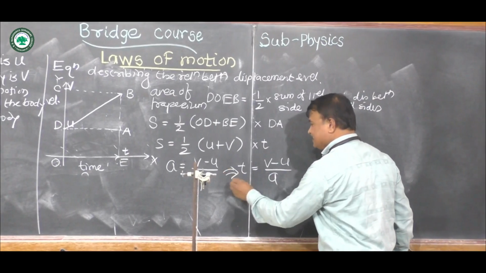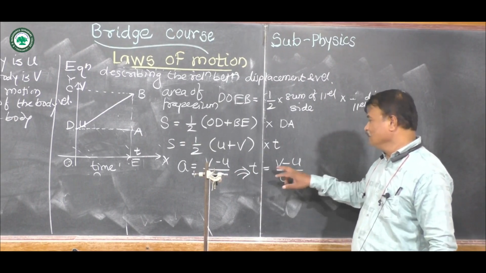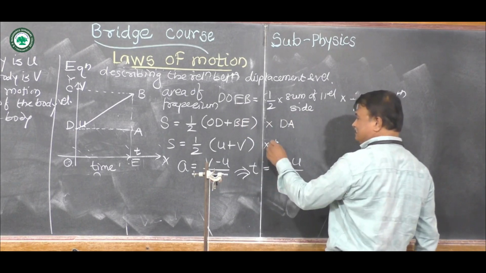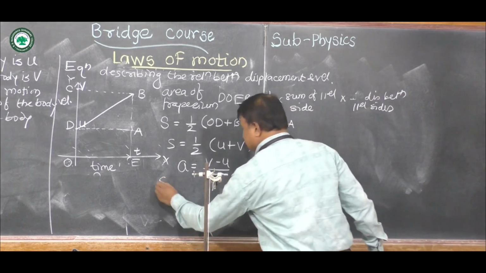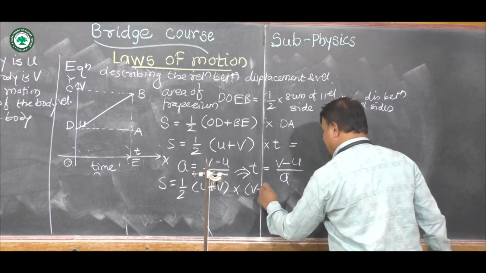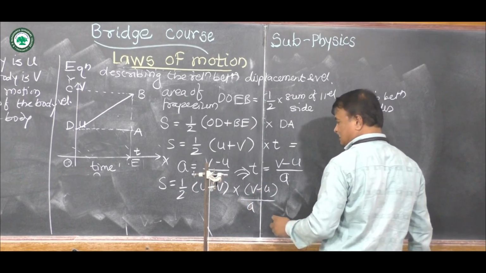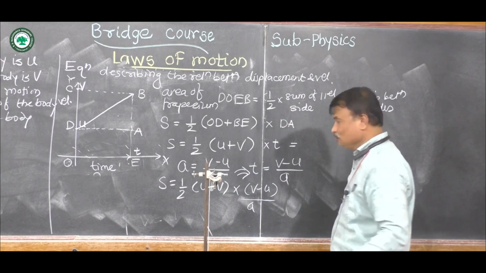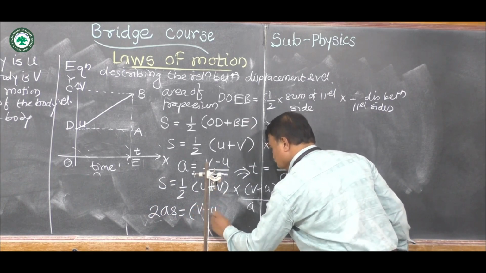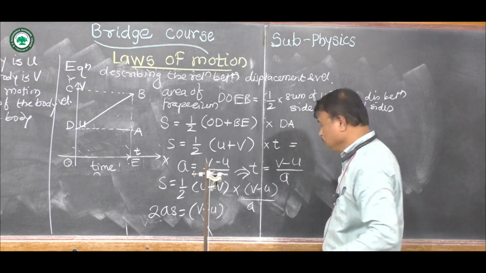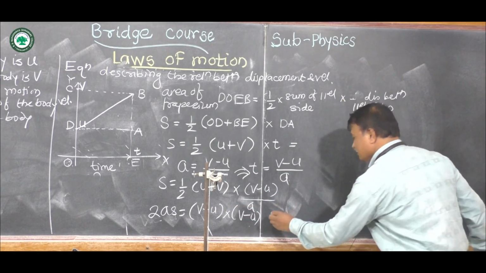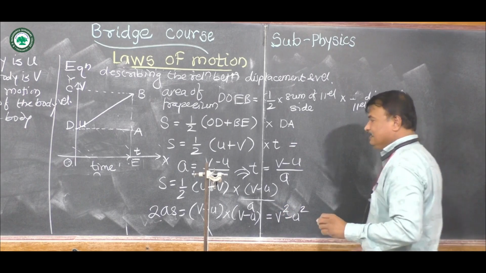This formula can be rearranged for time, and then we get time T is equal to V minus U upon A. We substitute this value in the formula, then we get S is equal to half U plus V into T, means V minus U upon A. The 2 and A on that side get multiplied, so we get twice AS, that is equal to V plus U into V minus U. By solving these two brackets, we get V square minus U square, and that is equal to twice AS.